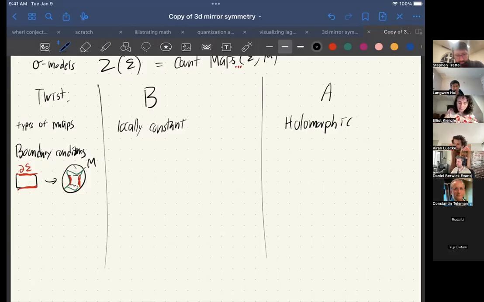Now, the difference between the A and the B twists is what structure is on the submanifolds that the boundary has to live on. The B twist is going to be holomorphic submanifolds. And if you want to truly categorify this and be like Kontsevich, then you'd realize that the proper thing to consider is the coherent sheaves.